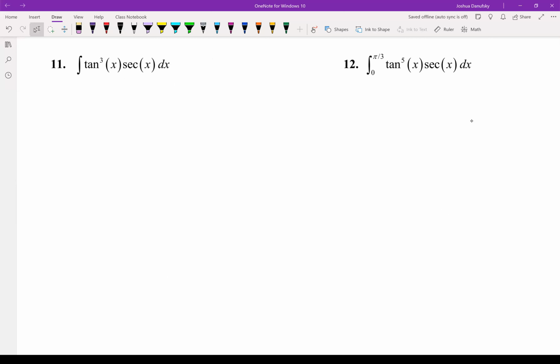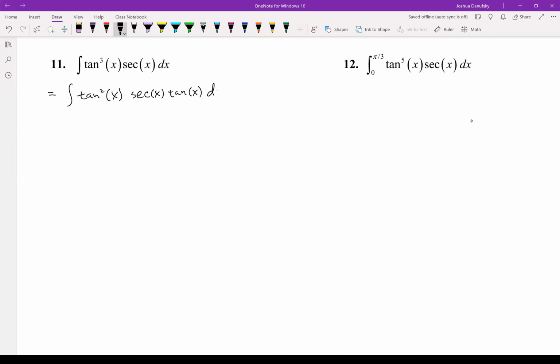Number 11, we've got a tan cubed and we have a secant. So we don't have a secant squared this time. So letting u equal tangent isn't really going to work for us, right? But what we can do is we can rewrite this so that we have our tangent squared times a secant tangent like that.